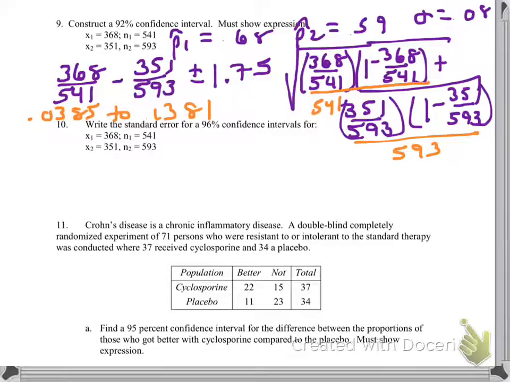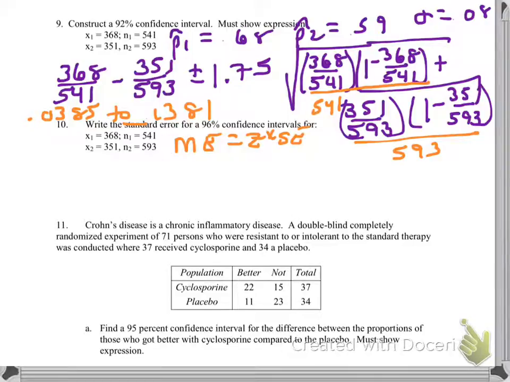Now here they just want me to write the standard error for a 96% confidence interval. Okay, I think I probably meant margin of error, because margin of error is equal to the z star times standard error.